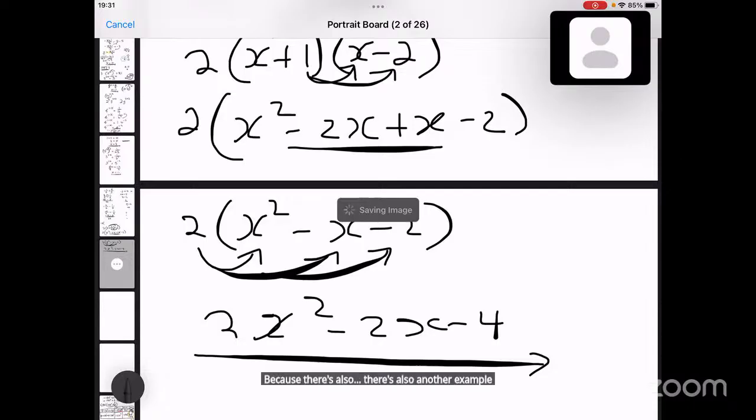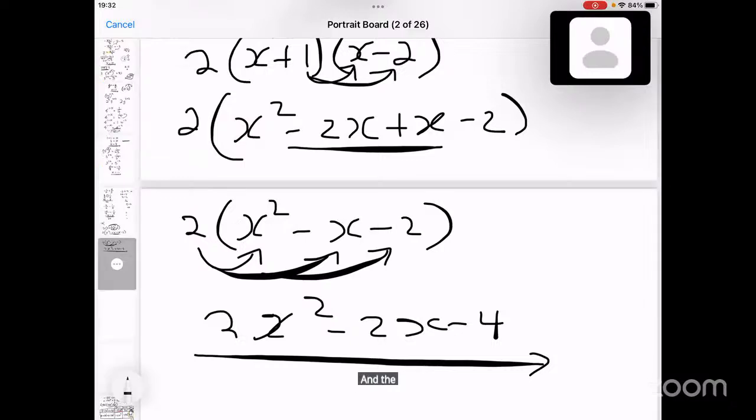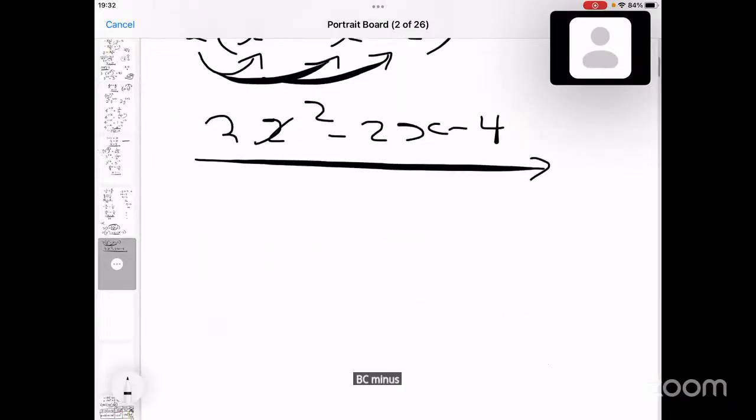Okay, there was also another example over here, number 12, where you don't put the negative, and the answer was 3b over bc minus 7c.